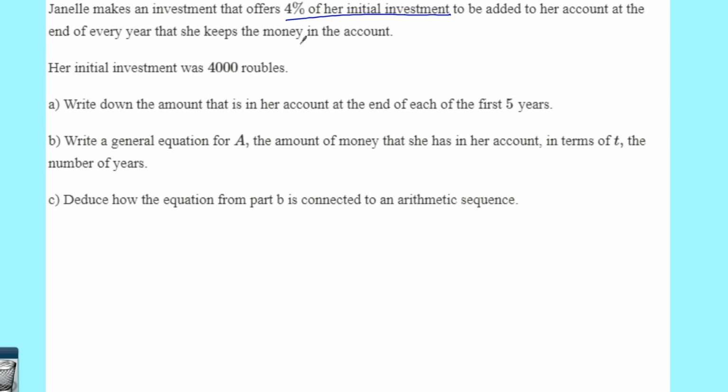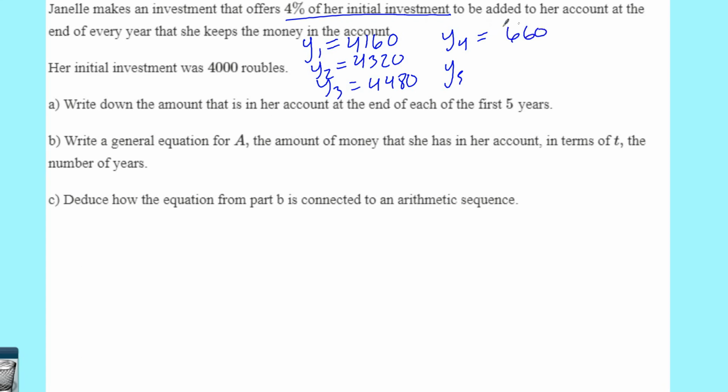So at the end of year 1, she has 4,160. At the end of year 2, she's going to have 4,320. At year 3, she's going to have 4,480. Year 4 and year 5. Year 4 is going to be, what is that? 4,640, and then add another 160.